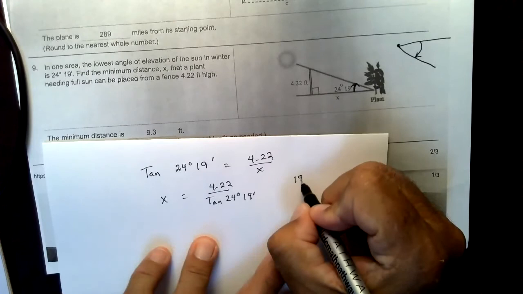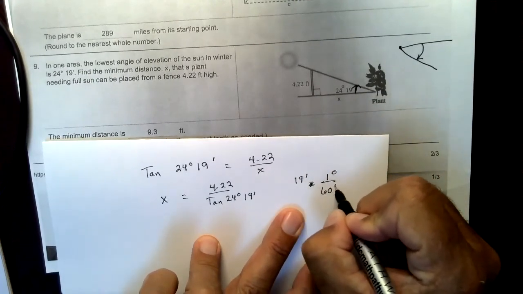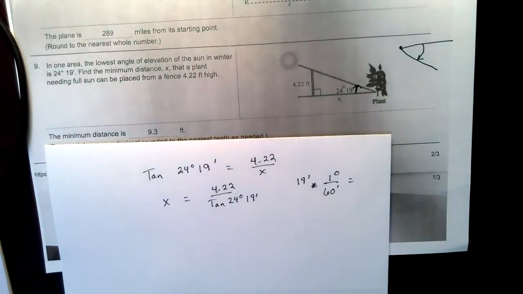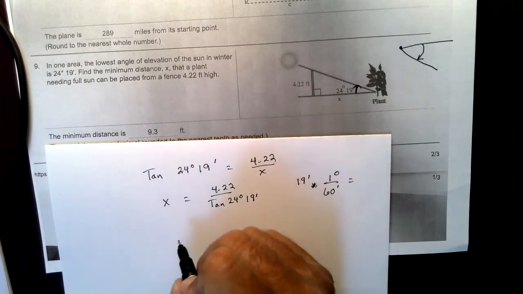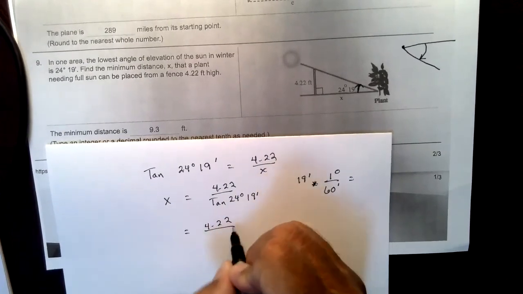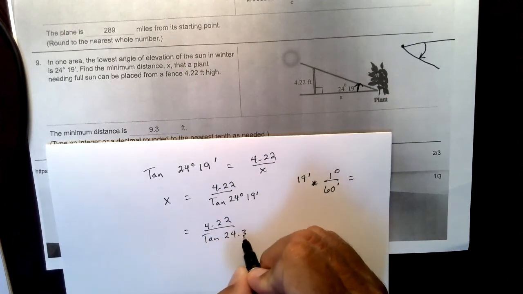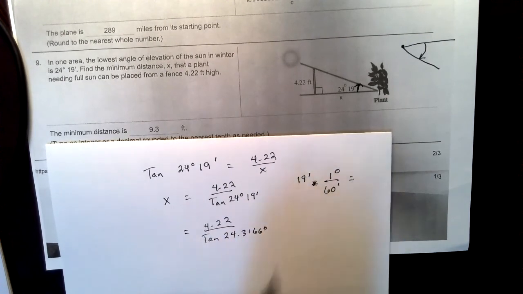And I know that 19 minutes is 19 over 60 of a degree. So I'm going to turn minutes into degrees. I'm going to use my phone again. 19 divided by 60. It's about 0.3166. 404.22 over the tangent of 24.3166 degrees.